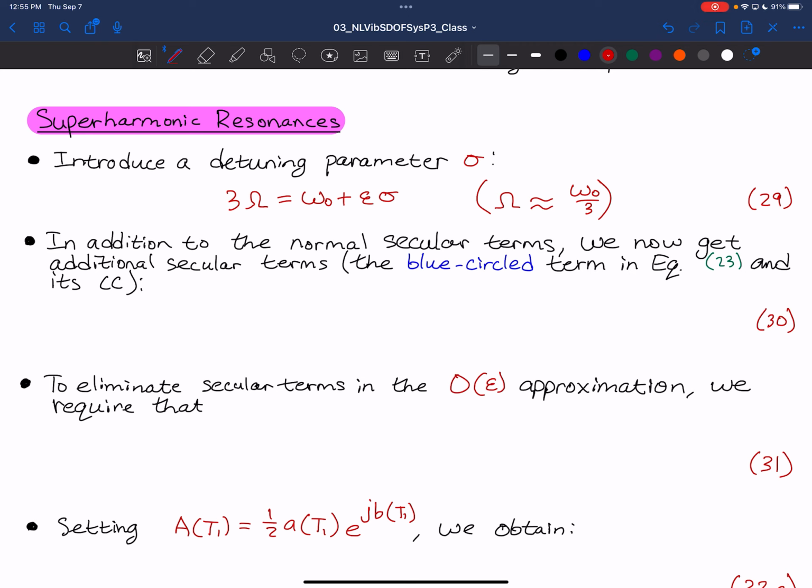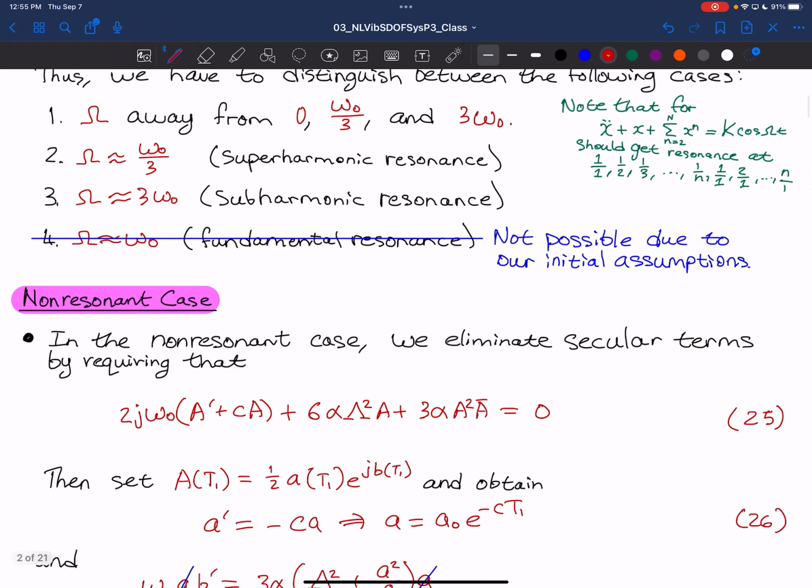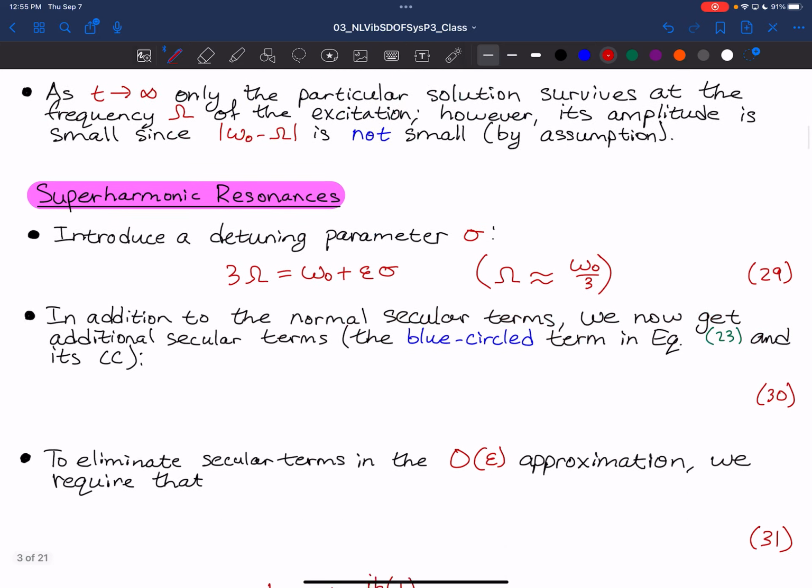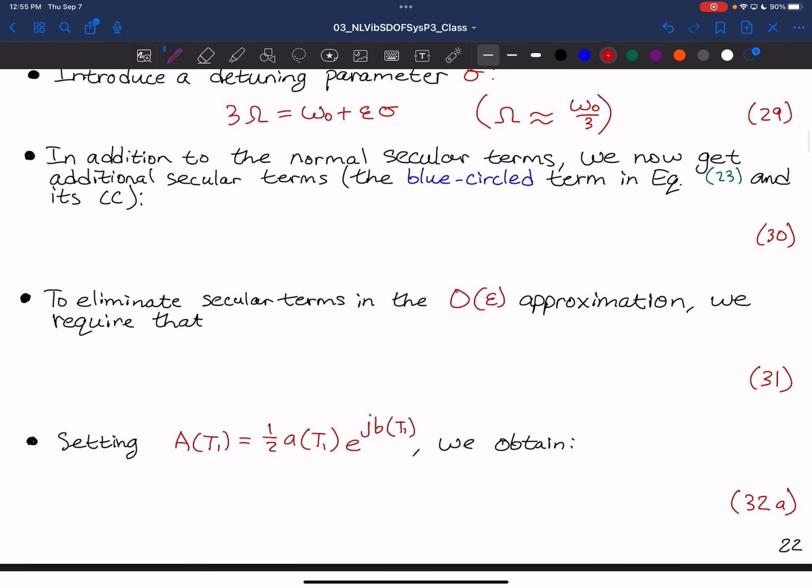Okay, so eventually we'll plug this into equation 23, and by doing so, the term that I circled in blue, which I'll scroll up for a moment, this term circled in blue here, that one now will become a secular term, and I'm going to show that in a moment. So that term is minus alpha times lambda cubed times e to the plus or minus 3j capital omega t0. We have plus or minus because I'm including the complex conjugate, which was stored in that CC term.